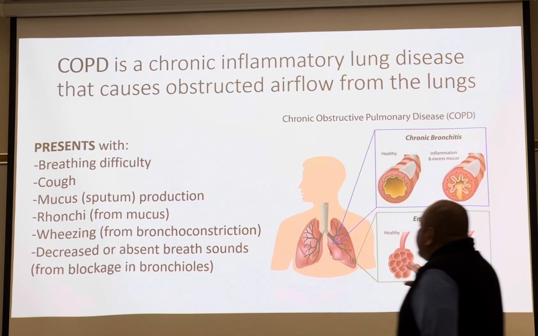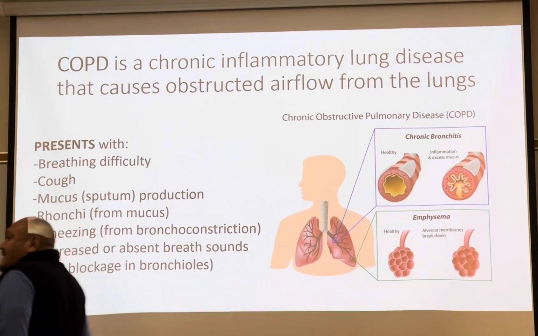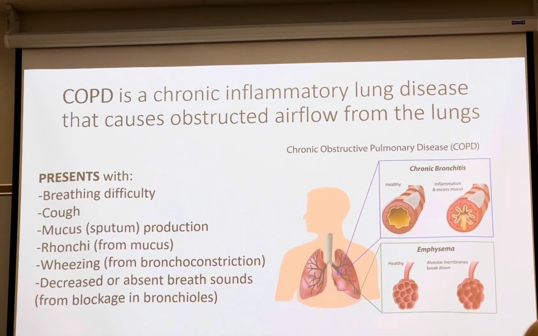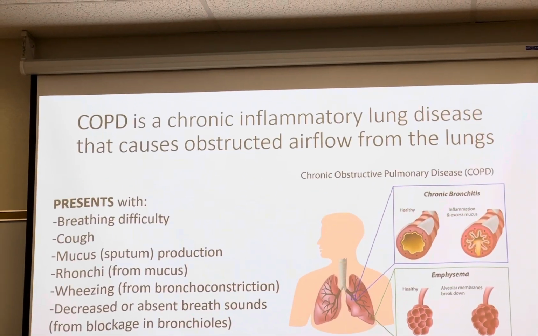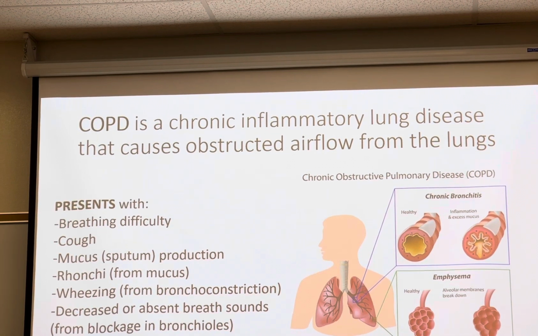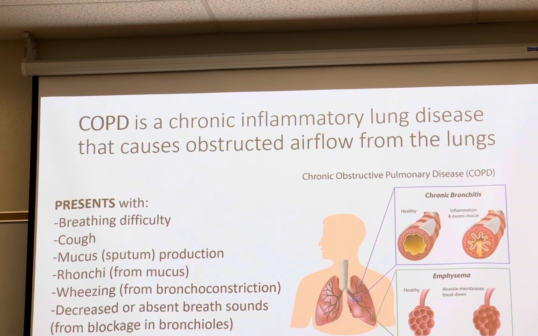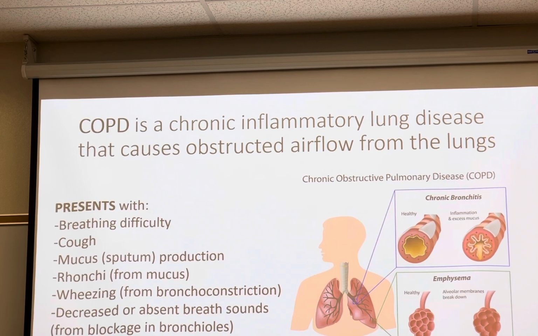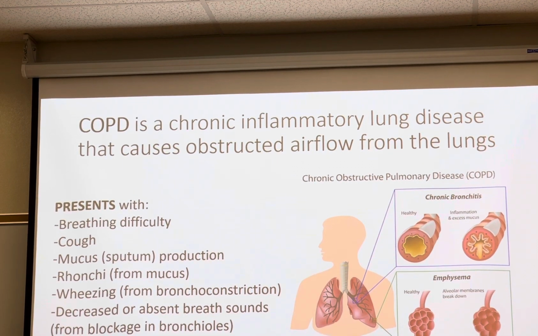How is it going to present? Now again, with COPD, we're talking about a general term. There are two specific forms of COPD, the first being chronic bronchitis. That's usually the one that involves swelling and mucus production. Emphysema is the other one. That's the one that pertains to the alveoli sacs.